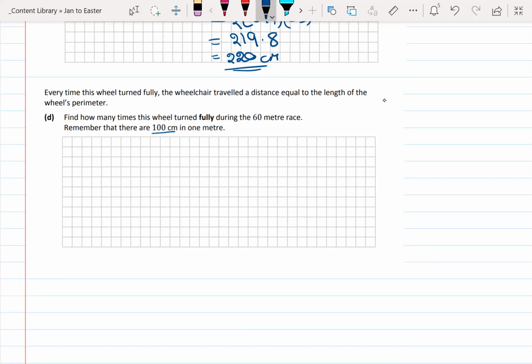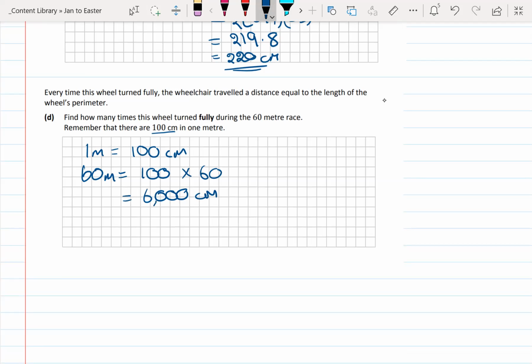Okay, let me just be more clear about how I got that. So 1 meter is equal to 100 centimeters. 2 meters would be 200 centimeters. 3 meters would be 300 centimeters, and so on. 60 meters then would be the 100 multiplied by the 60, which gives us 6,000 centimeters. Okay.